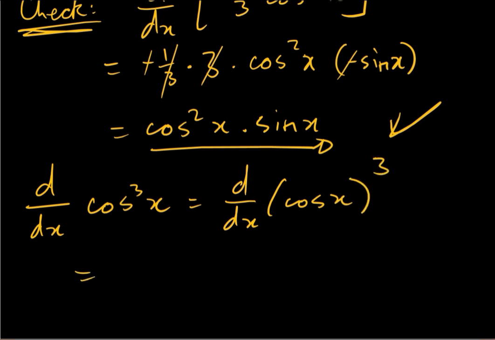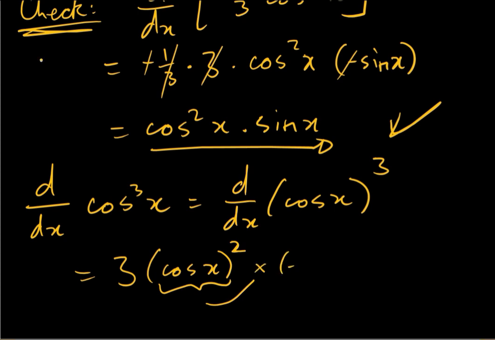So what happens is you bring the 3 down, you keep cosine as it is, you reduce its power by 1, so it becomes squared. But because of the chain rule, you also have to take the derivative of the inner function, and this guy now gives us a negative sine x. So I just wanted to make that a bit clear.